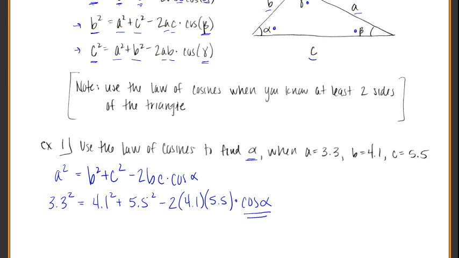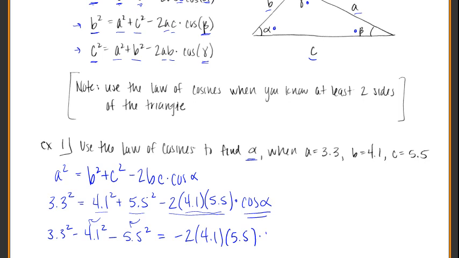Well, obviously, I'm going to get this term by itself. All this out here in the front is multiplied to it, and these are just added and subtracted, so why don't we just move those terms over? What I'm doing here is just being able to plug all this into our calculator at one time, so that's why I'm going through these steps. So 3.3 squared minus 4.1 squared minus 5.5 squared is equal to negative 2 times 4.1 times 5.5 times the cosine of alpha.